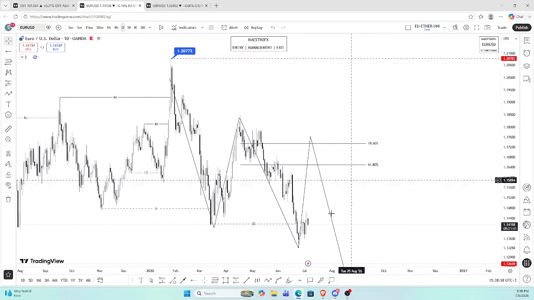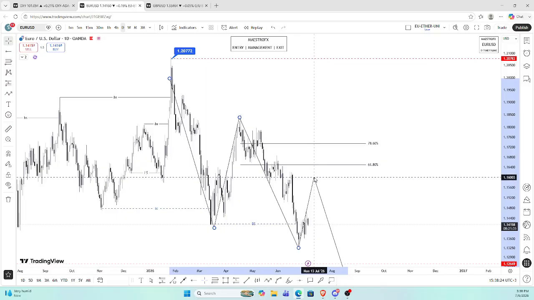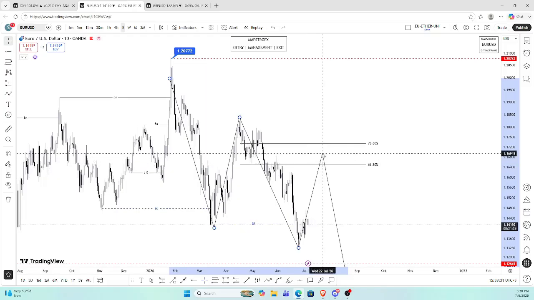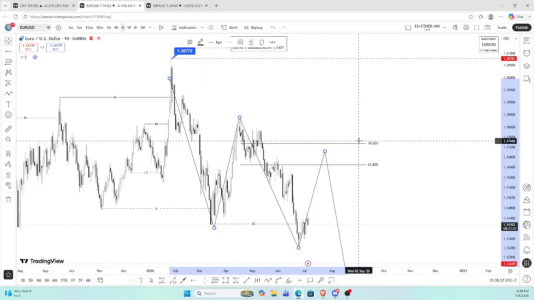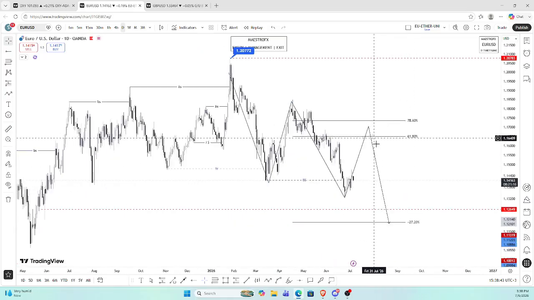And so yes, the price can still retrace to around 50% and continue to push lower, but it is on these 61 and 78.6 Fibonacci levels, which are the most premium zones, to continue the trend, okay? And so on the daily time frame, this is what I'm looking at.